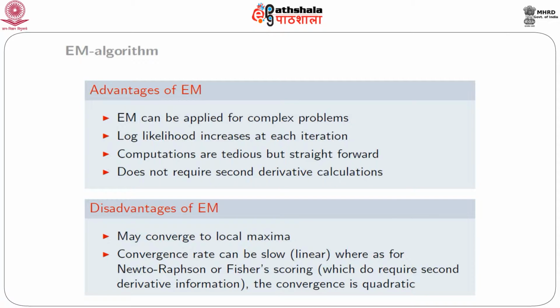And the fact that they are tedious does not really matter, because once they are implemented, the computer does the iterations, and so this does not need to be done by hand. Finally, EM algorithm does not require second derivatives. Now, there are other optimizers like the Fisher scoring algorithm, which needs computation of the second derivative.